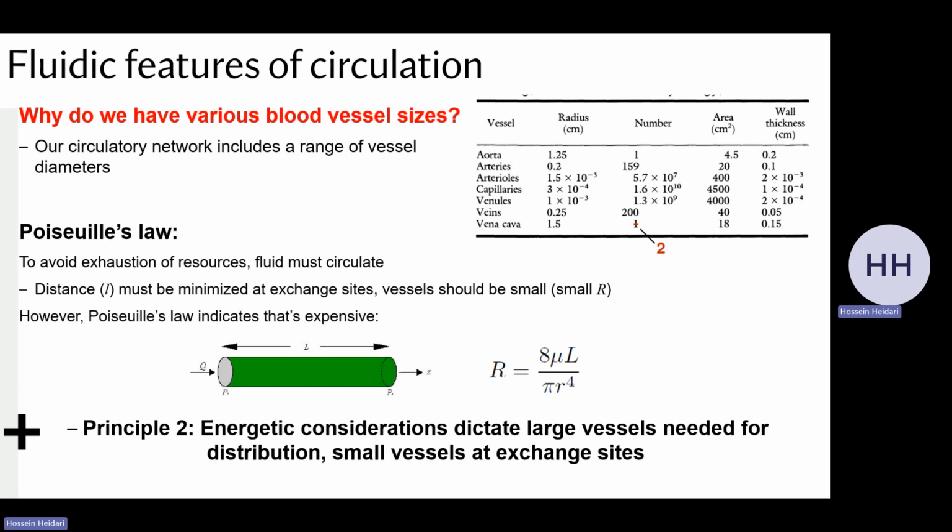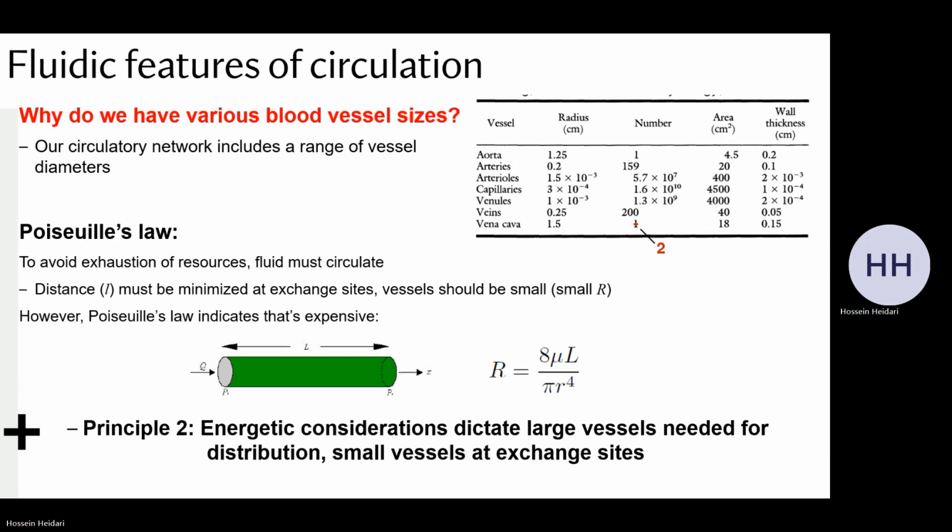And in all of these cases, the resistance, I'm going to repeat here just so that we have a record of it, is 8 μL divided by πR to the fourth power. Don't forget it's the fourth power.